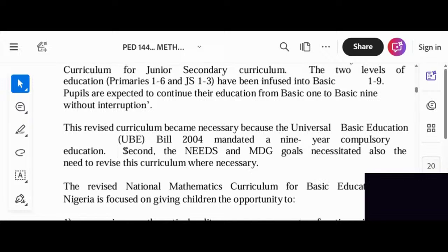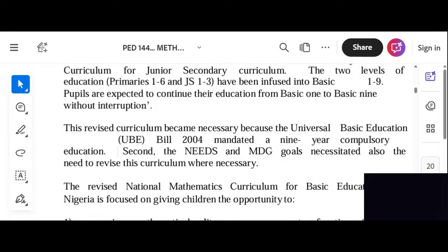Now, second, we are looking at the reasons why the revised edition came into use, why we started using basic 1 to 9 instead of primaries 1 to 6 and JSS 1 to 3.